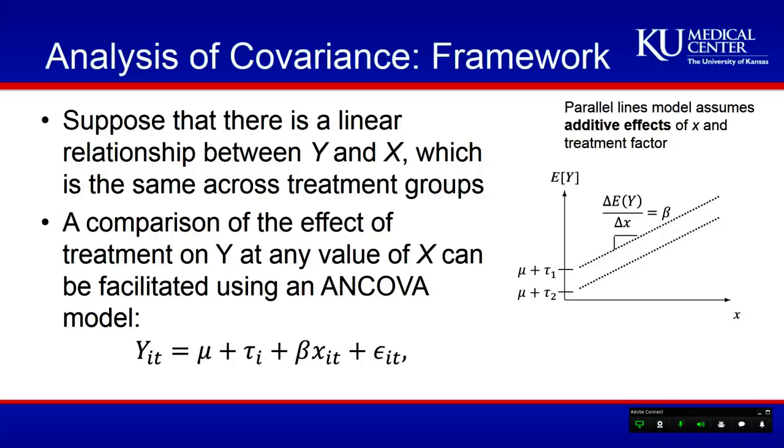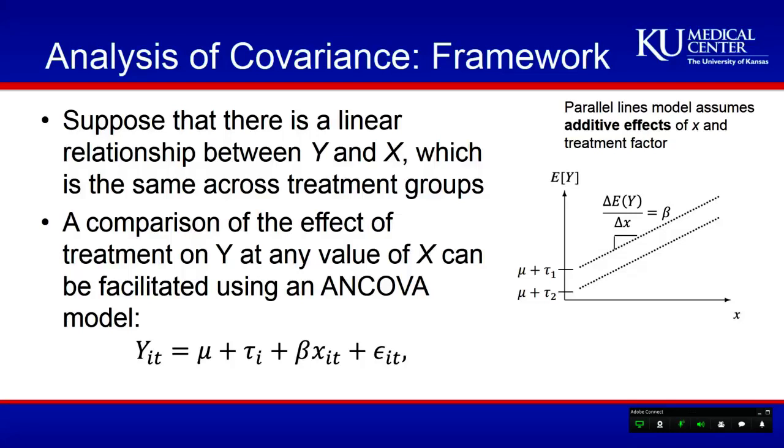But just know that this is generally how we approach analysis of covariance. We need to visualize and make sure that the relationship between the nuisance variable and the outcome is the same in all of the groups being compared. We also have to assume that it's a linear relationship, just like in linear regression, where we had to assume a line was appropriate. A line needs to be appropriate before we apply the model that we have here.